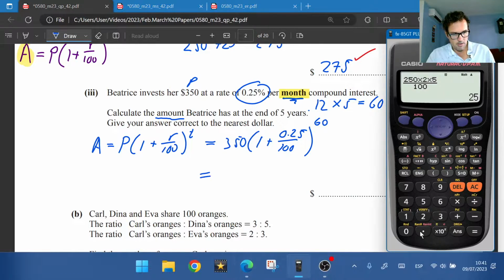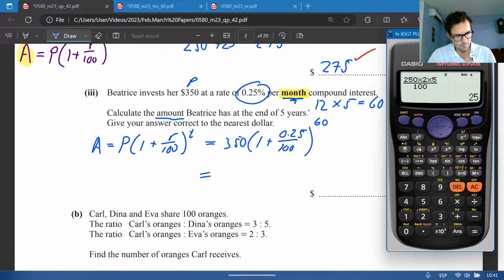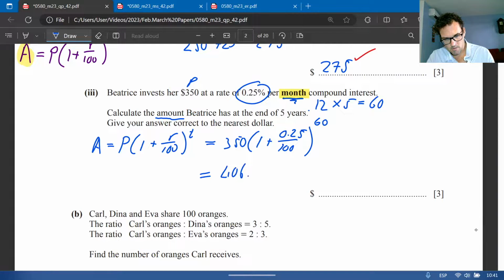Okay, so let's put that in the calculator. Bam, 406.565, etc. And this is now where you always have to reread the question carefully.